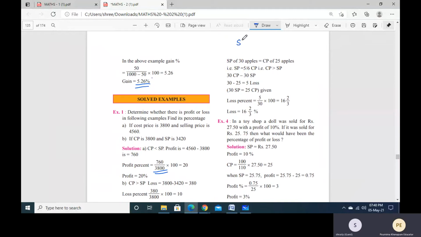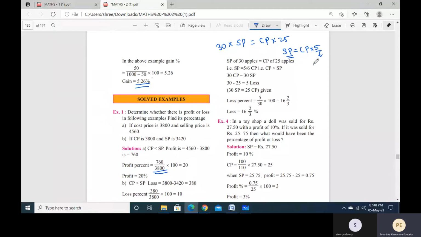You see, it is SP of 30 apples is equal to CP of 25 apples. They took this 30 on that side. So SP gives us CP into 5 upon 6. That means whatever SP is there is less than CP by 5 by 6.